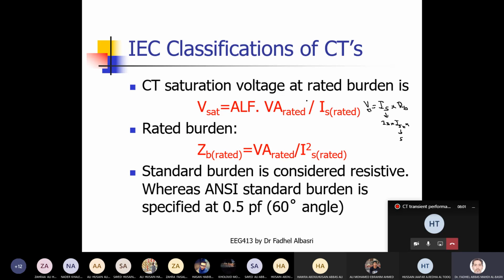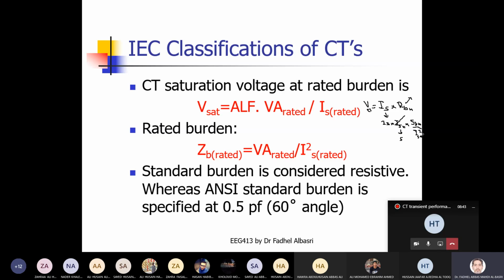Now we can convert the burden to volt ampere. The burden can also be given in volt ampere by taking S burden nominal, which we said is either 1, 2, 4, or 8 according to IEEE standard burden, over I secondary nominal, which is 5, squared.